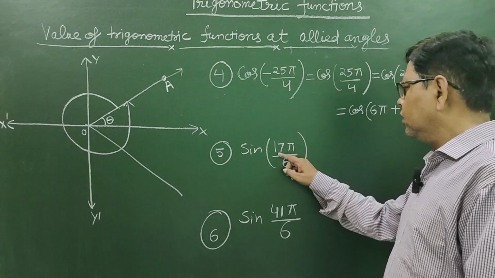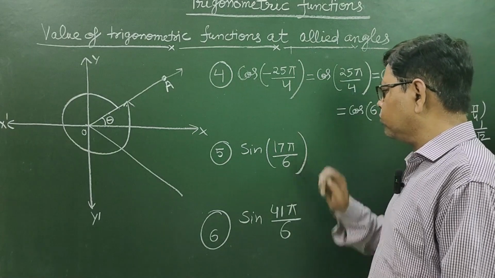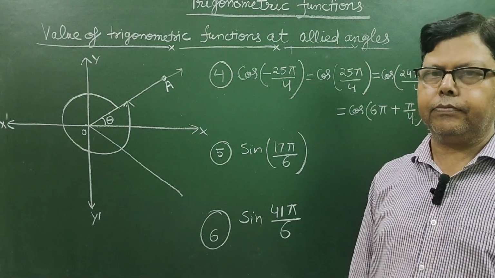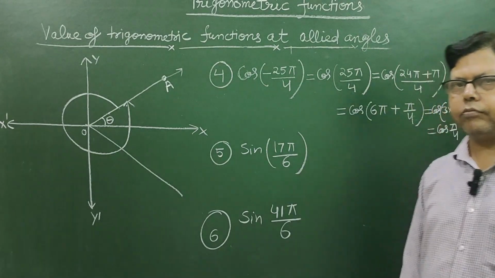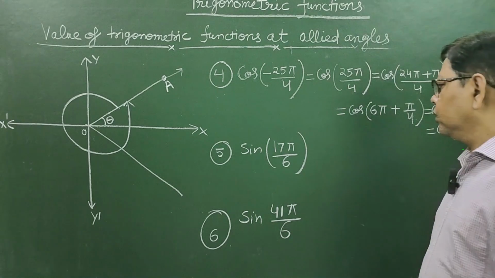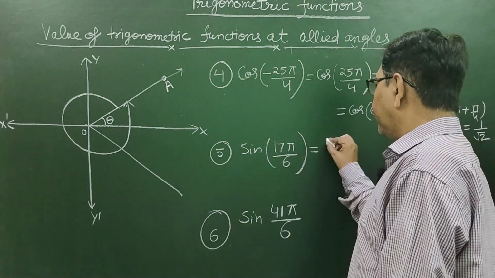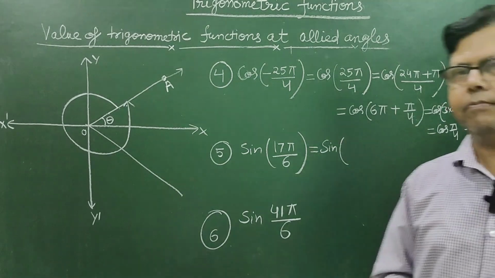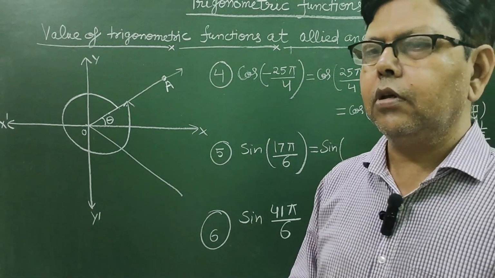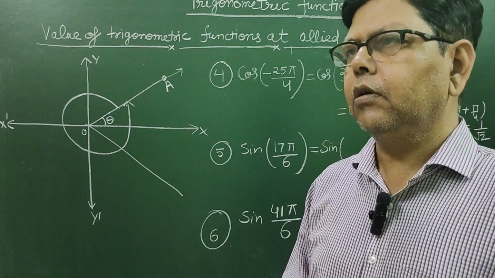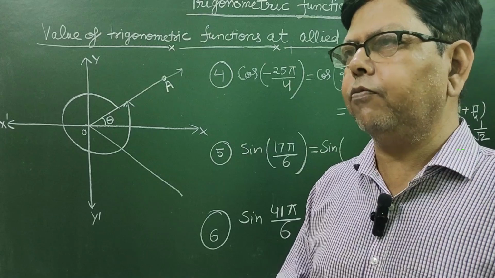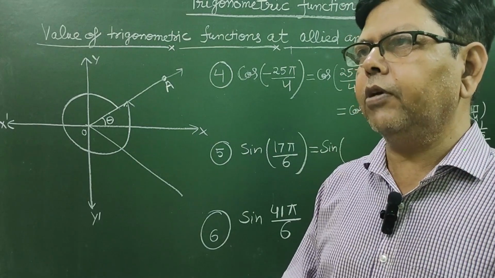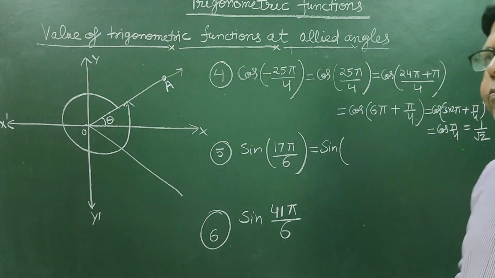Now sine 17 pi upon 6. For 17 pi, you can write 6 into 3 is 18, then 4 times 4 pi. 4 pi means an even multiple of 2 pi.